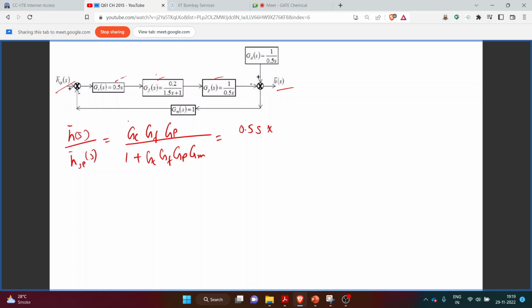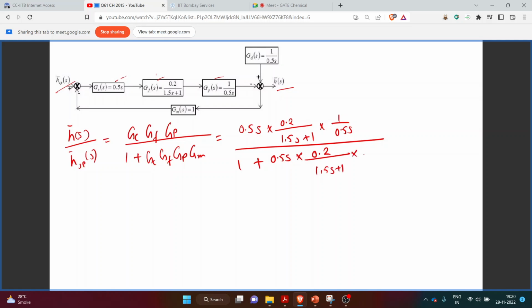So gc we have been given as 0.5s, gf we can write as 0.2 upon 1.5s plus 1, into 1 upon 0.5s, upon, we can write this as 1 plus 0.5s, 1.5s plus 1, into 1 upon 0.5s, into 1.